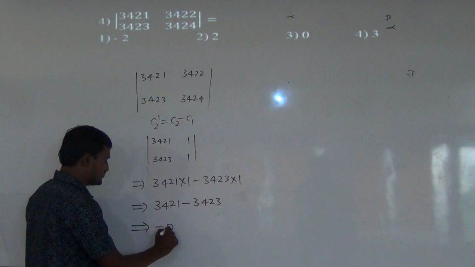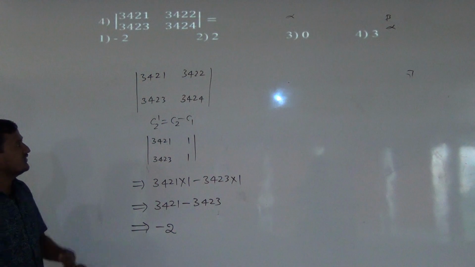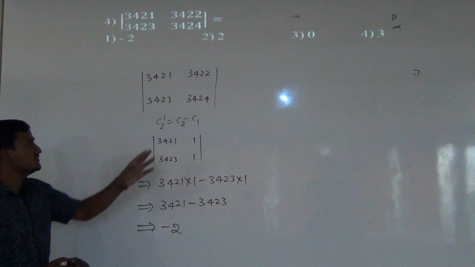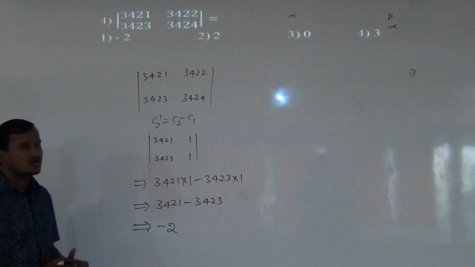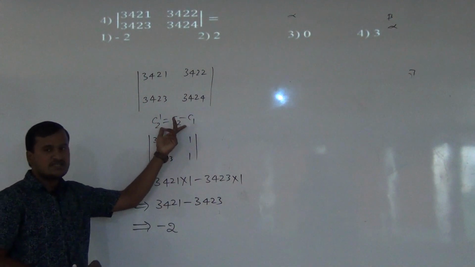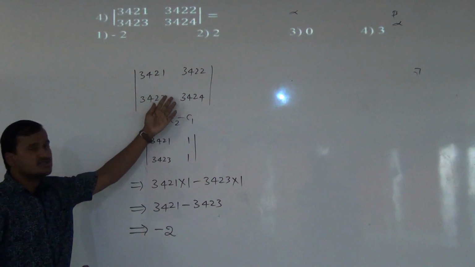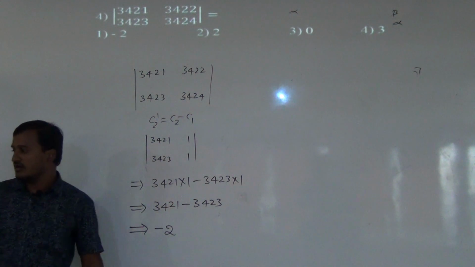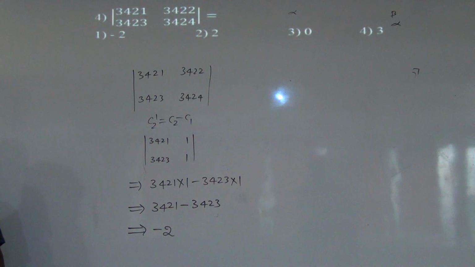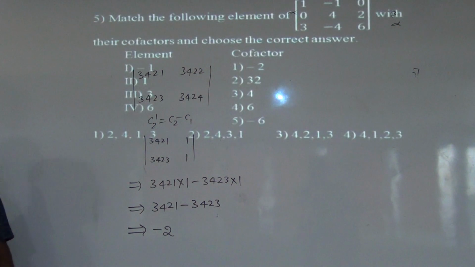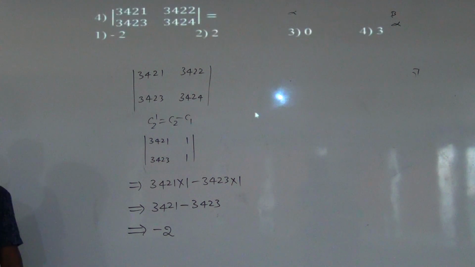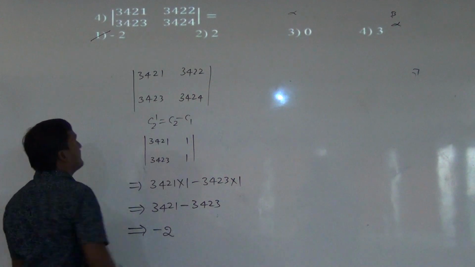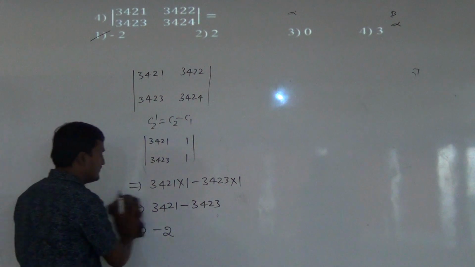Clearly it becomes minus 2, right? So for such problems, you should apply the elementary operations, either row operations or column operations. By applying these operations, it is very easy to simplify the determinant. So therefore the answer is minus 2, right? So the first option is the right one. Next we will go for the next question.